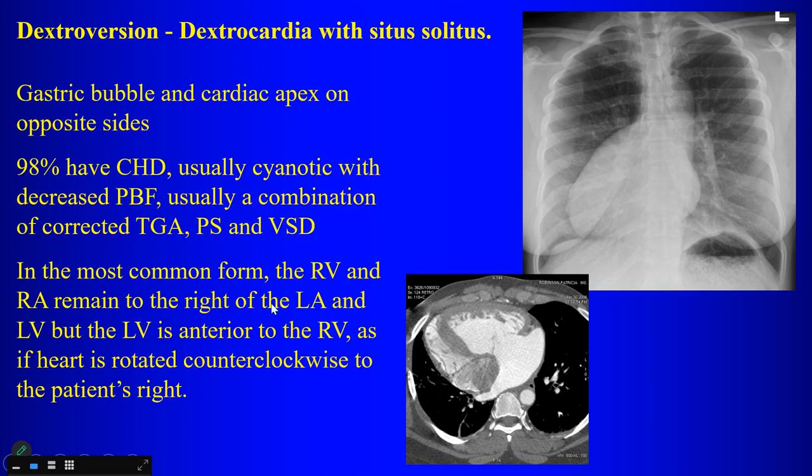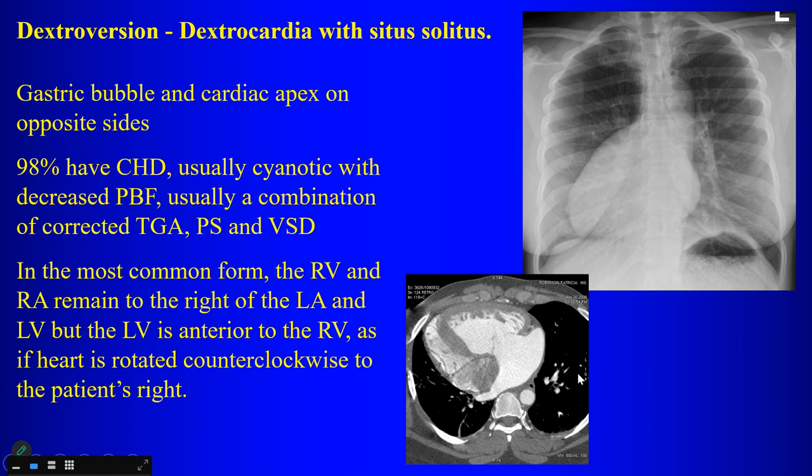So we've gone through this. In the most common form, when we see that configuration, most of these patients will have congenital heart disease, especially corrected transposition. In the most common form, the right ventricle and right atrium remain to the right, and the left ventricle is anterior to the right ventricle.